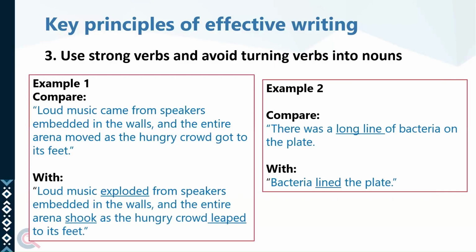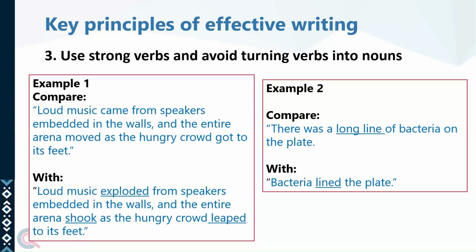So as an example, this first example is to illustrate the use of strong verbs in a sentence. Loud music came from speakers embedded in the walls, and the entire arena moved as the hungry crowd got to its feet. When you compare it with the second sentence, loud music exploded from speakers embedded in the walls, and the entire arena shook as the hungry crowd leaped to its feet.